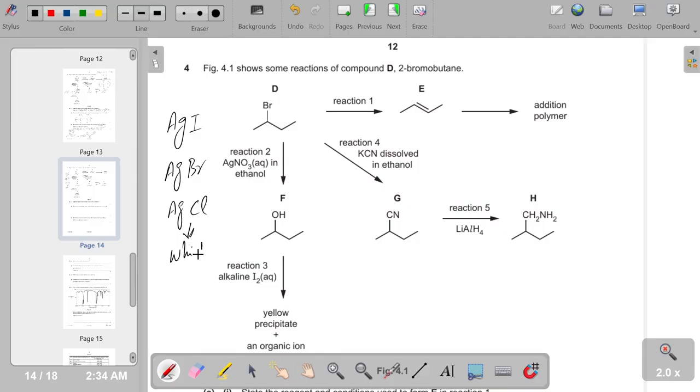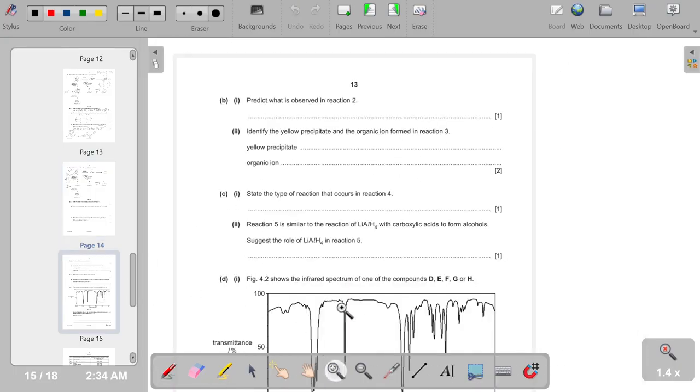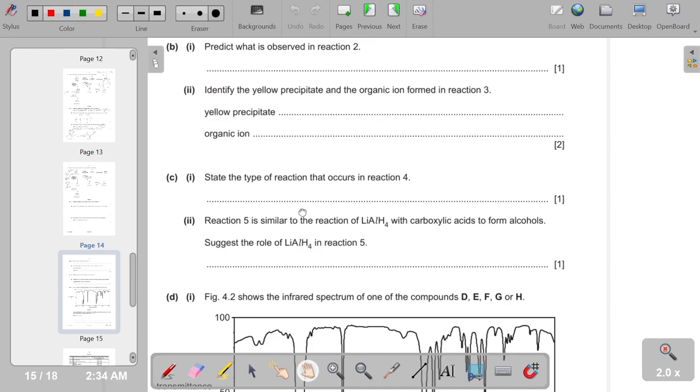I forgot that. Silver chloride gives white, silver iodide gives yellow, and here it is producing a cream precipitate because bromide is here. You can see it's a bromide, and you're reacting with the silver nitrate. Is it clear? So you will get a cream precipitate here.